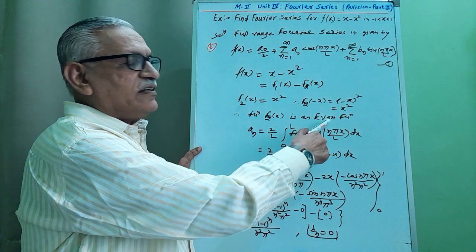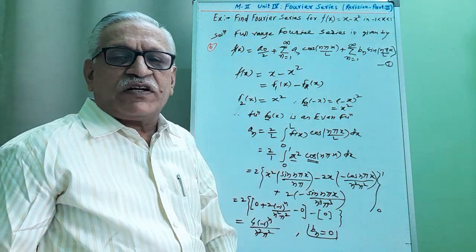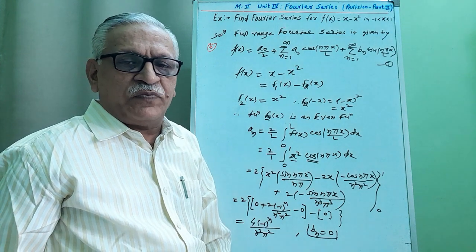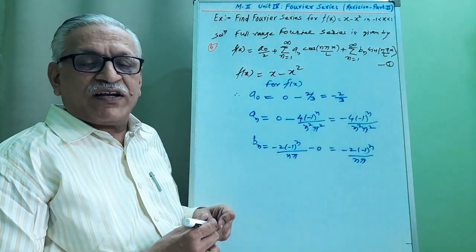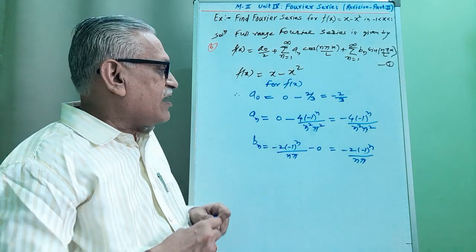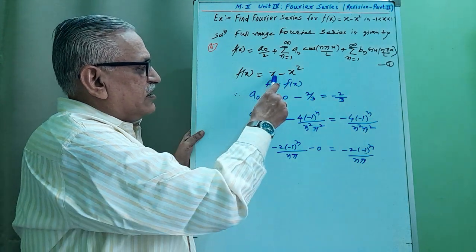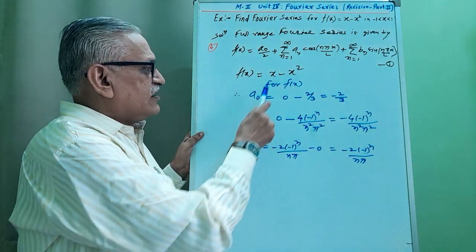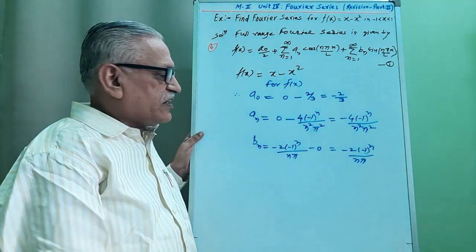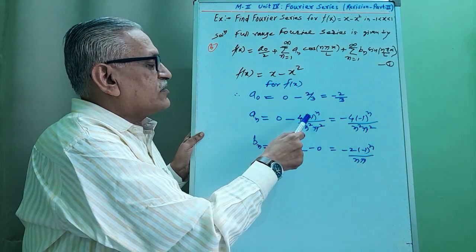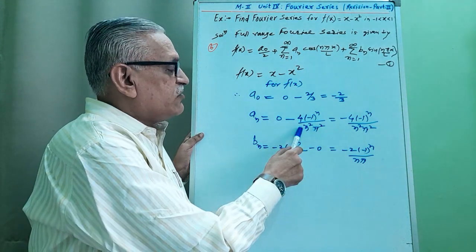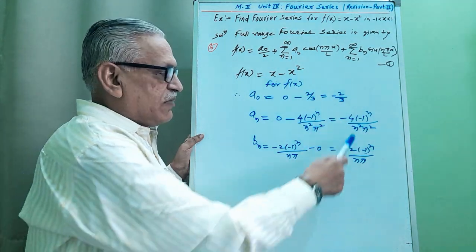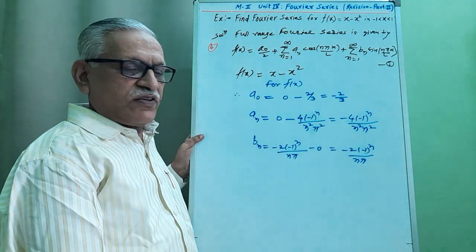As it is an even function, taking the difference of the two a0s, an and bn, we get the final values of a0, an, bn. a0 is 0 minus 2 by 3, we get minus 2 by 3. an is an of first minus an of second, 0 minus 4 times minus 1 raised to n divided by n square pi square, so we get minus 4 times minus 1 raised to n upon n square pi square.